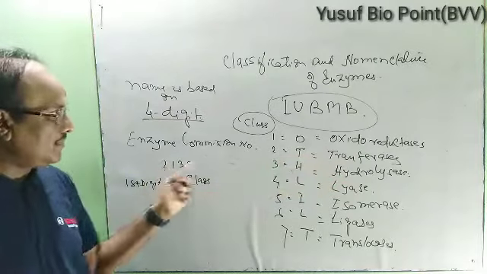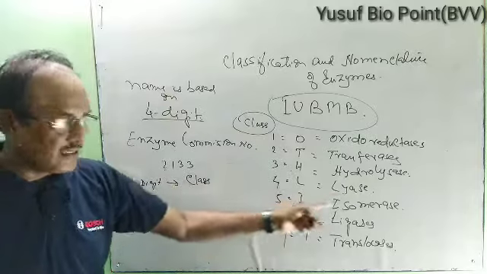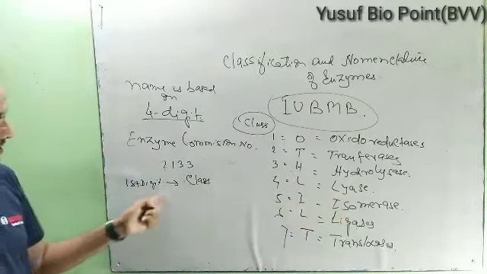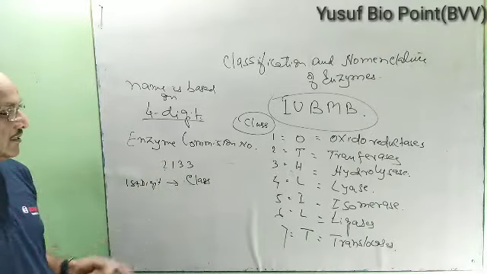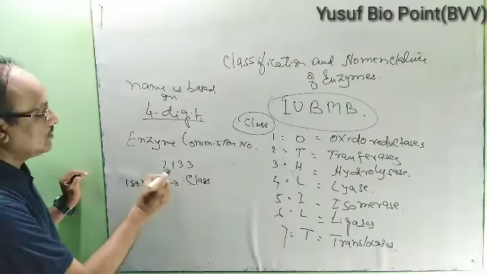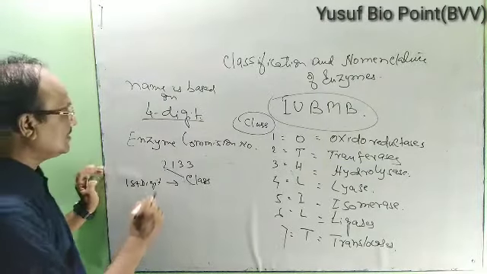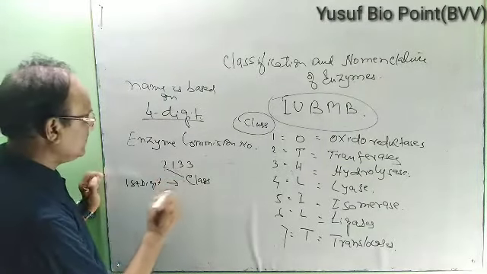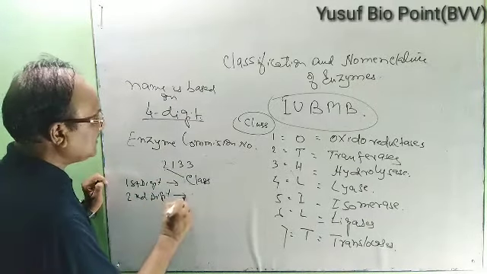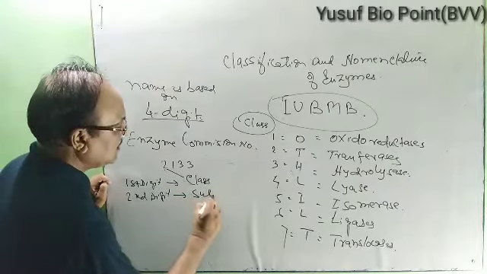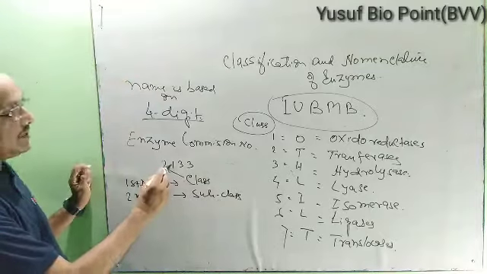If there is 1, that is oxidoreductase. If there is 5, that is isomerases. So first digit, that is 2, mentions its class. Second digit mentions subclass.